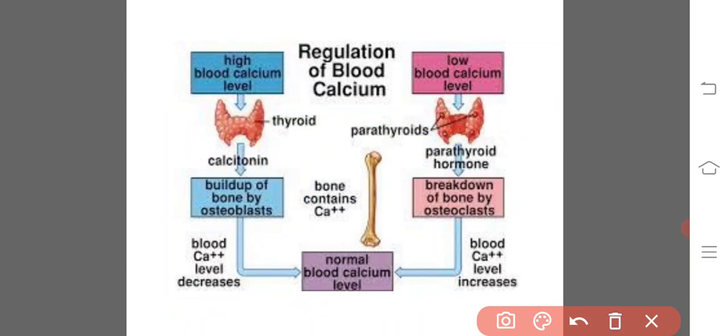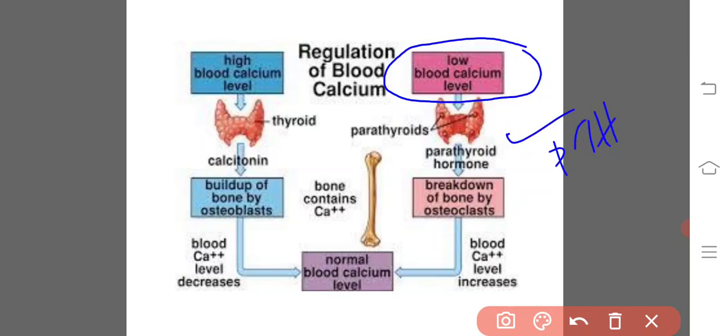If there is a low blood calcium level, that is detected by the receptors and the parathyroid glands, they secrete parathormone or PTH, and that leads to the breakdown of the bone by the osteoclast cells.